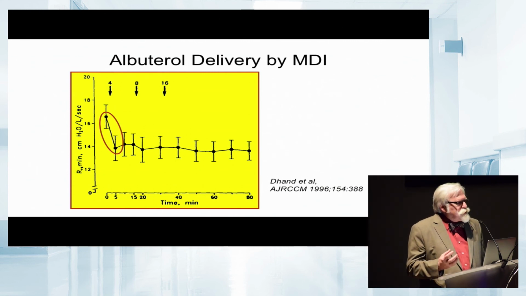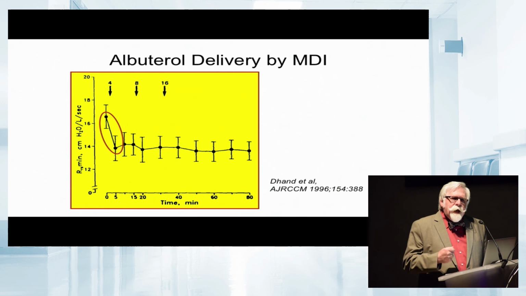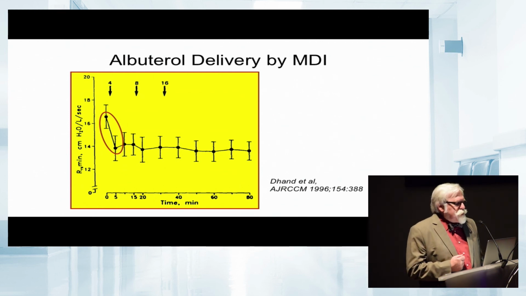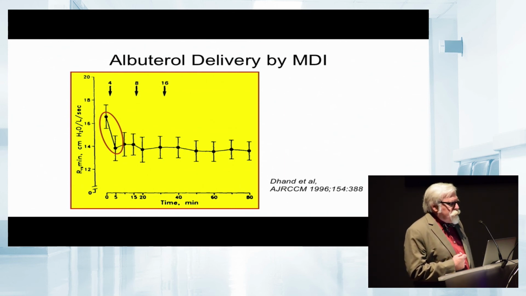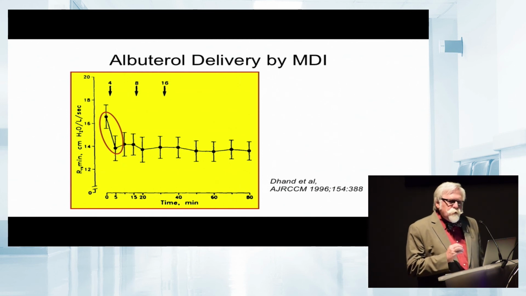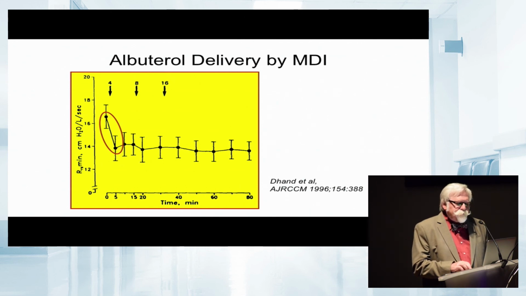So 4 actuations of albuterol from a metered dose inhaler into the ventilator circuit can significantly reduce airways resistance. And notice that with the additional number of actuations, 8 or 16 additional actuations, there was no further reduction in airways resistance. So this would suggest that if you use a metered dose inhaler to deliver albuterol, a bronchodilator, during mechanical ventilation, 4 actuations is likely sufficient.